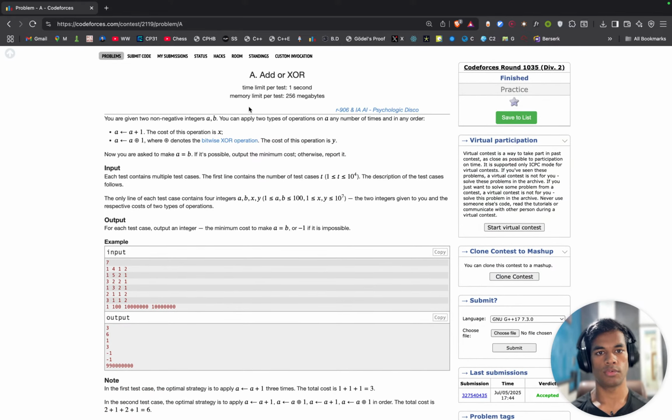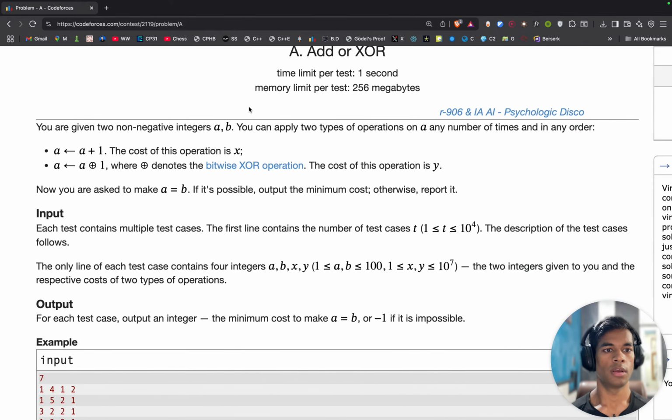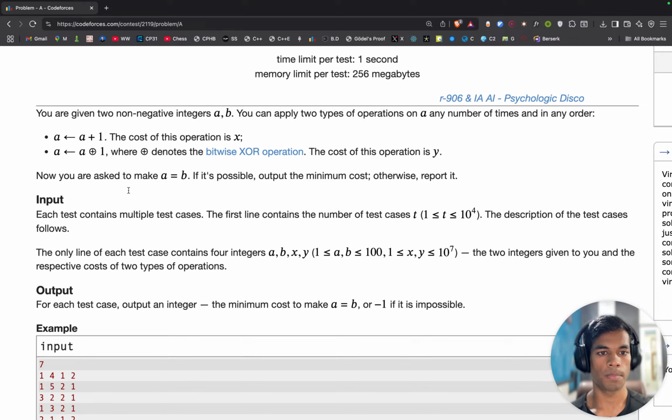you are given two non-negative integers a and b. You can apply two types of operations on a any number of times in any order. Either add 1 to a, or take XOR of a with 1 and put it equal to a.